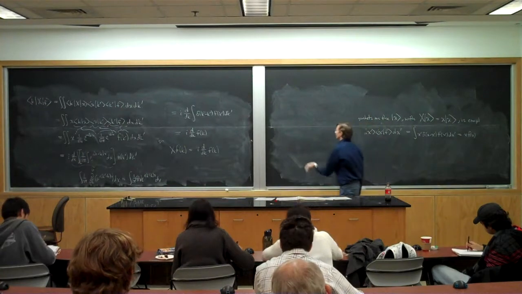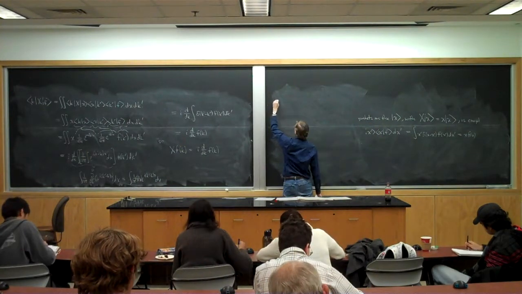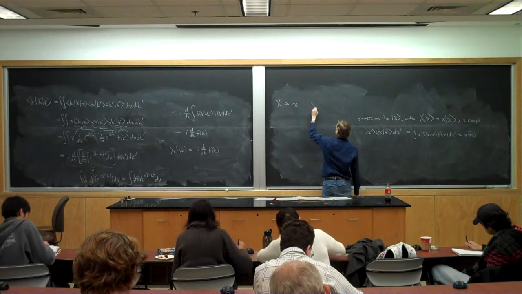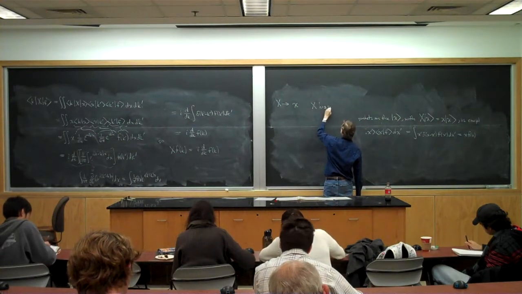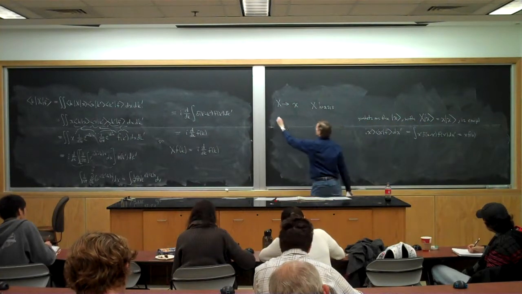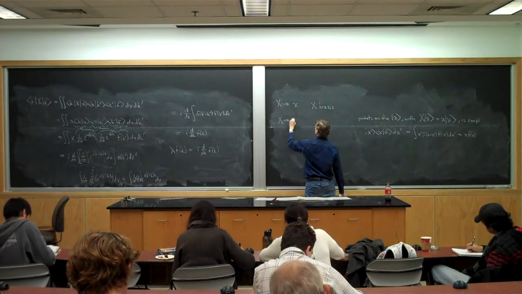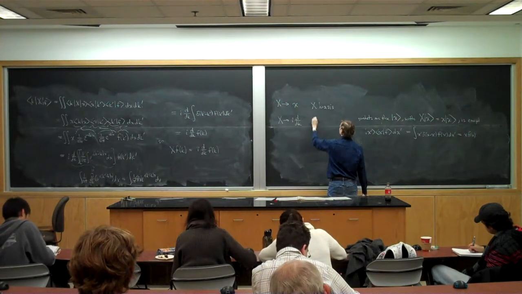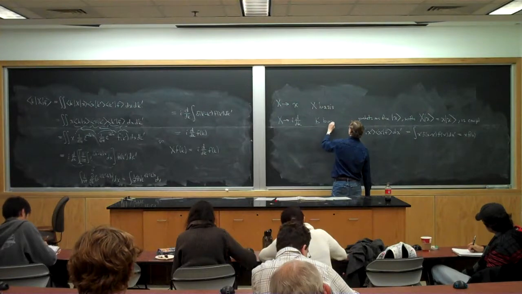And that means that x is represented by multiplication by x in the x basis, like we've said all along, but x is represented by i d/dk in the k basis.